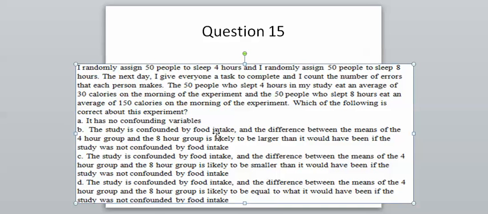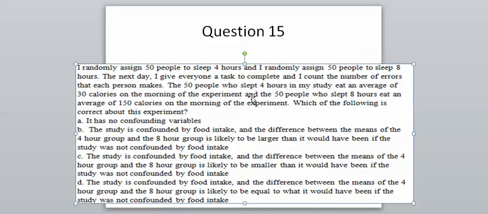And since it is confounded by food intake, well, what's going to happen is that in my experiment, I'm expecting the 50 people who slept 4 hours to do worse at the task because of not getting enough sleep. But now it looks like the 50 people who slept 4 hours also didn't eat very much food, which means that they'll do even worse.